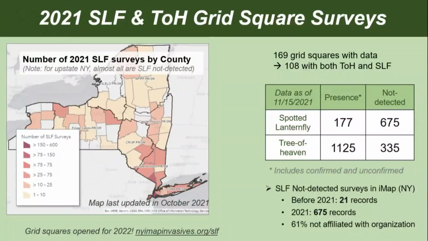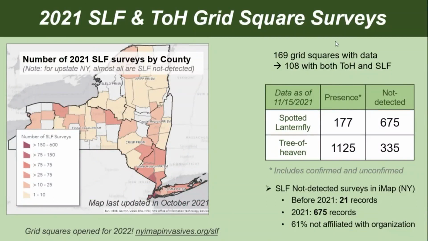And so we were very impressed with our volunteers last year. In 2021, we had a lot of incoming data for spotted lanternfly and tree of heaven, especially considering it was the first year that we did this. So we're very thankful to everyone who participated.